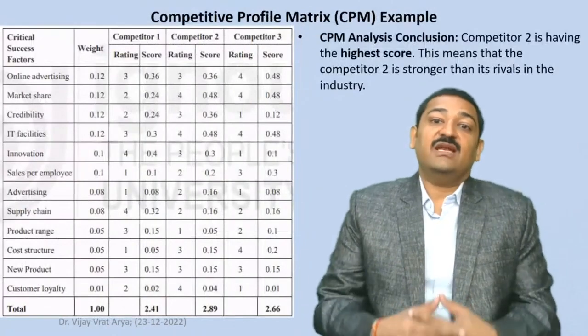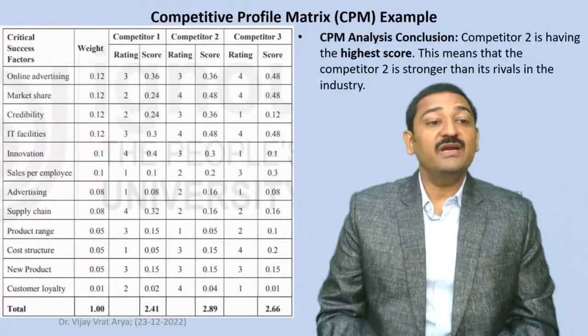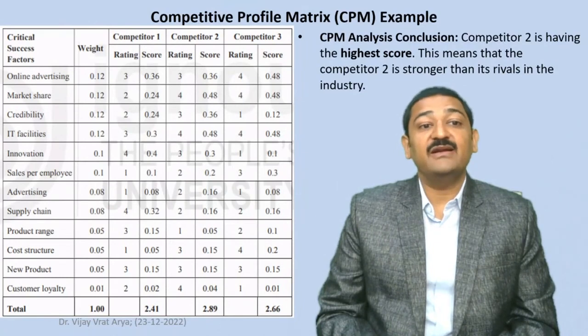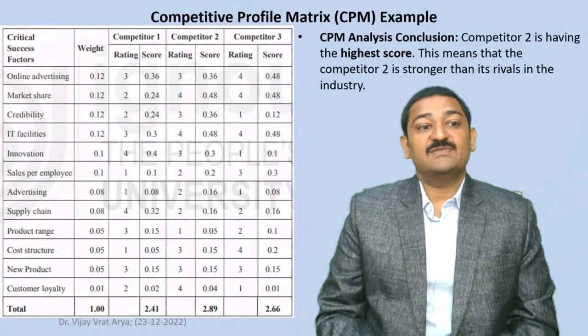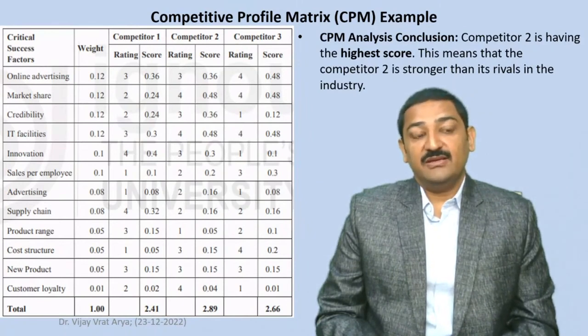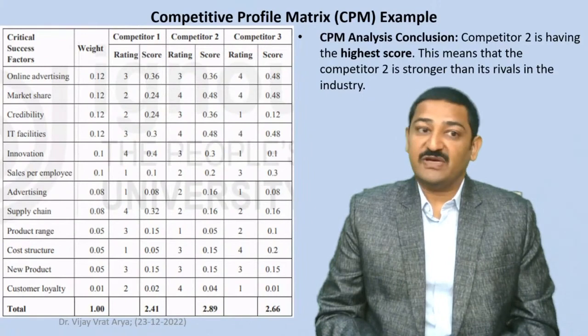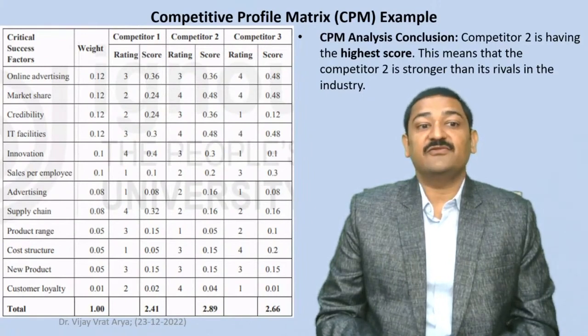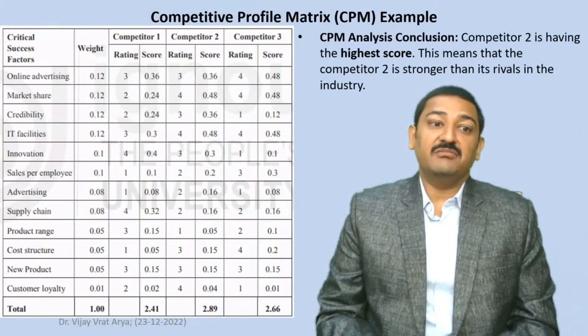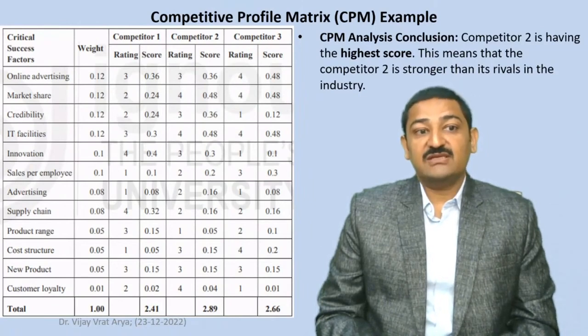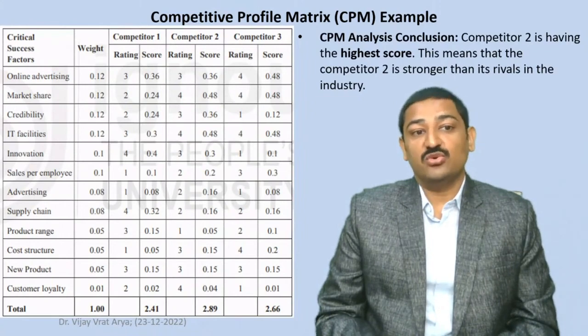Based on that, we can take an example where critical success factors have been identified for 3 different competitors, a weight has been identified for each specific critical success factor, and the rating has been identified for the respective competitor based on the competitor's position. If we multiply the weight with the rating of the respective competitor, then we can calculate the score of the respective competitor.